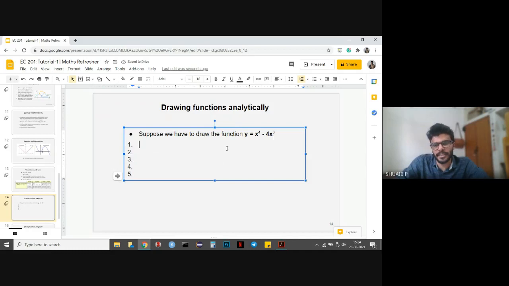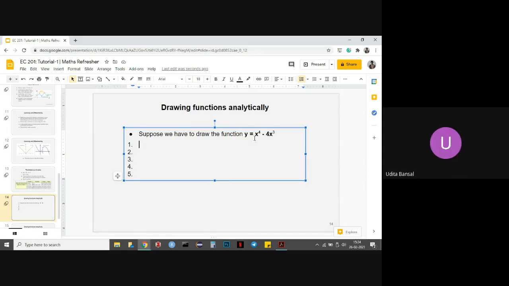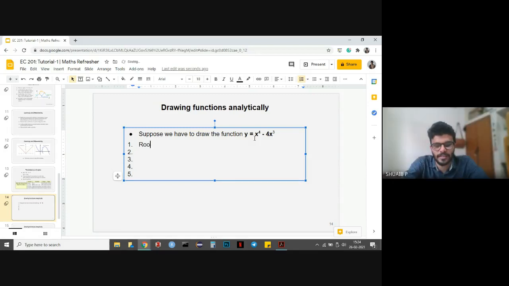What would be the first thing that we could get out of this function to help us in plotting it? Can someone suggest? The roots of a function. Yeah, the roots would be one. The first thing that we can get out of this function.